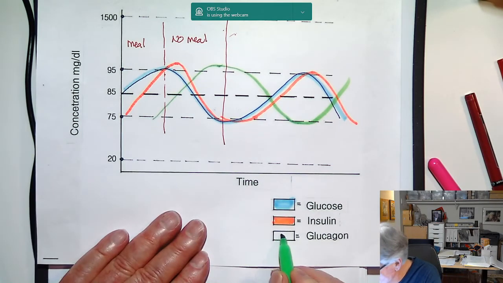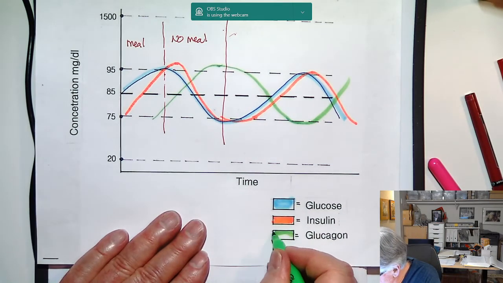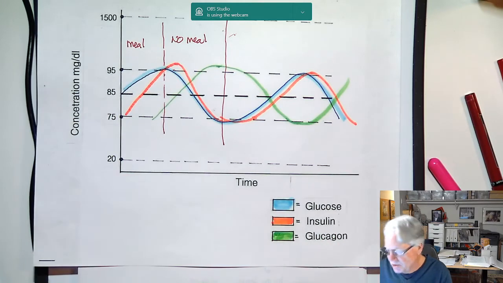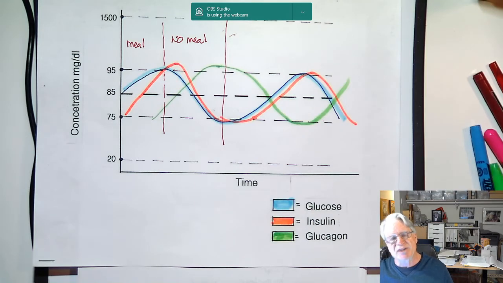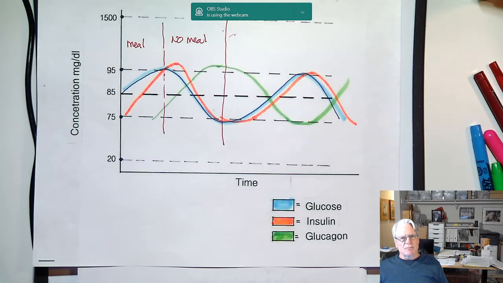This is called glucagon. And once again, glucagon is being produced by the pancreas, a different set of cells than the ones that produce insulin, but capable of measuring the concentration of glucose in the blood.